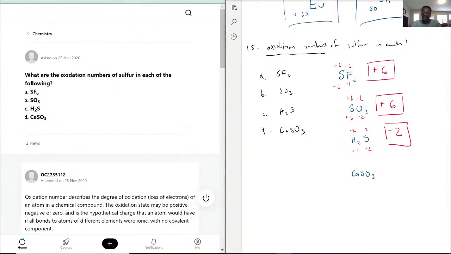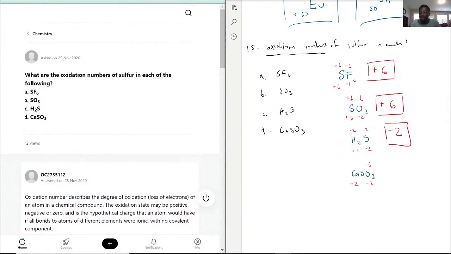Oxygen still likes the -2, so that means it's going to be -6 in total. Calcium, because it's a metal, specifically the alkali and alkaline earth metals, usually just follow the periodic table in regards to what they like to do, which is give away 2 electrons.